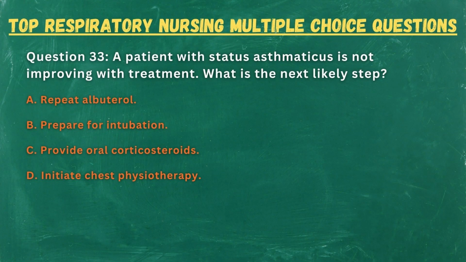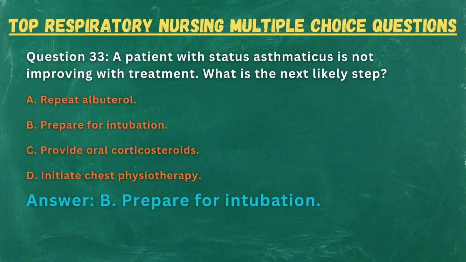Question 33. A patient with status asthmaticus is not improving with treatment. What is the next likely step? A. Repeat albuterol. B. Prepare for intubation. C. Provide oral corticosteroids. D. Initiate chest physiotherapy. Answer: B. Prepare for intubation.